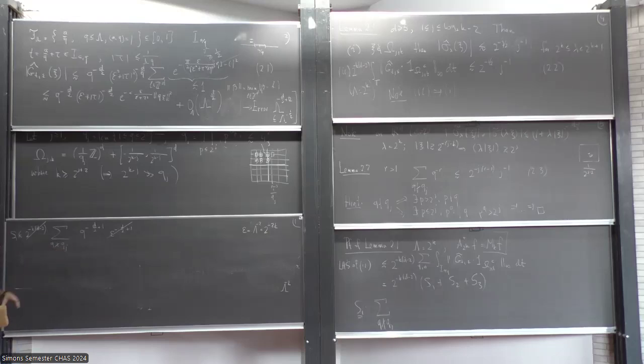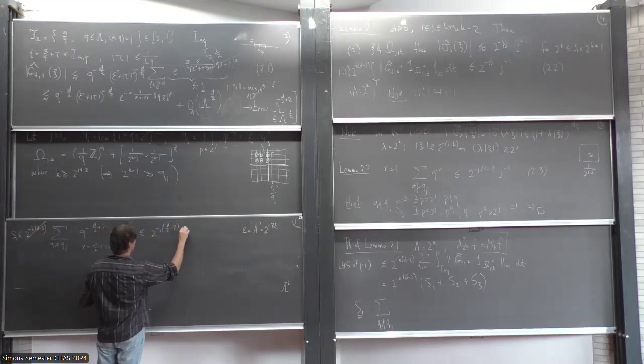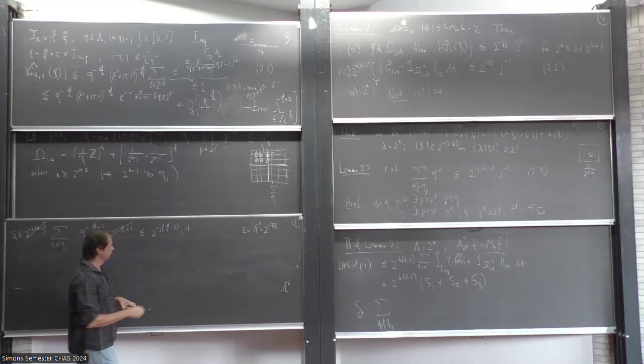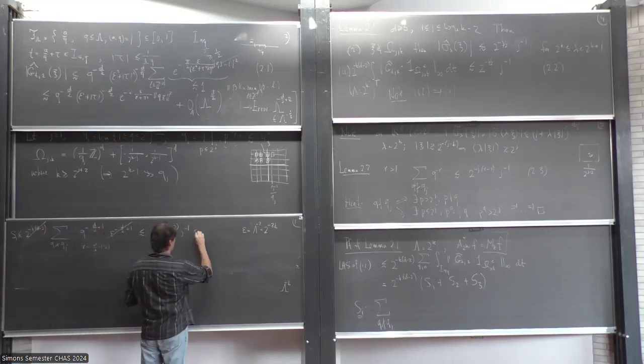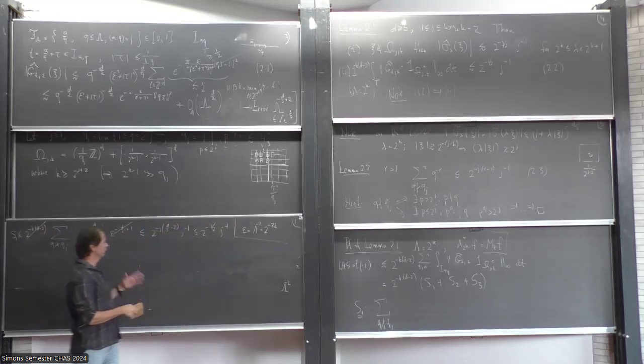When q does not divide qj, then we have d over 2 minus 1, which is still bigger than 1, that is 5. So we will get 2 to the minus j, d over 2 minus 2, j to the minus 1, which is less than 2 to the minus j half, j to the minus 1, because d is at least 5.